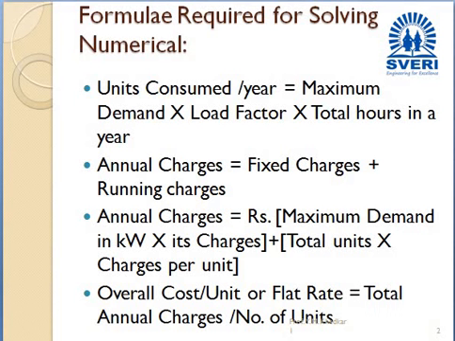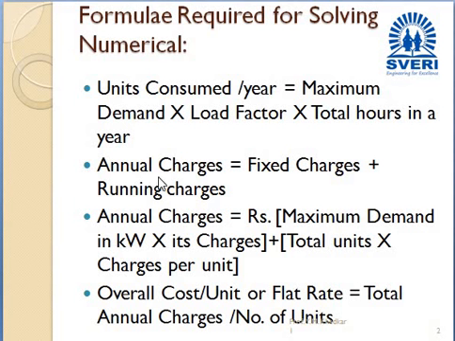It will be maximum demand multiplied by load factor multiplied by total hours in a year. The total hours in a year means 24 hours multiplied by 365 days in a year. That total number will be 8760 hours.